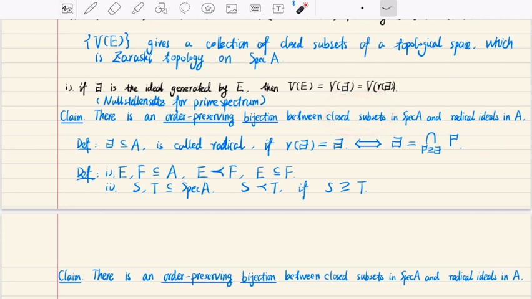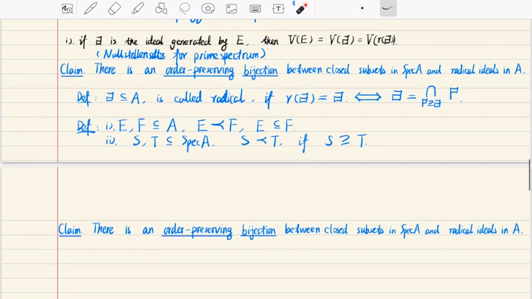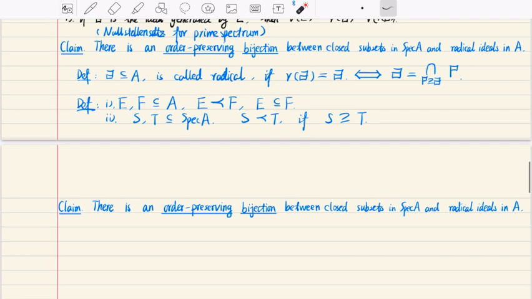The smaller the closed subset, the bigger its complement as an open subset. So that is the reason why we define the order in this way. We have explained what order is, what radical ideals are, and what closed subsets are. We also need to give the construction of the bijection.